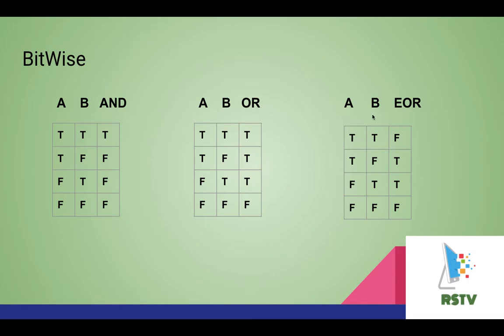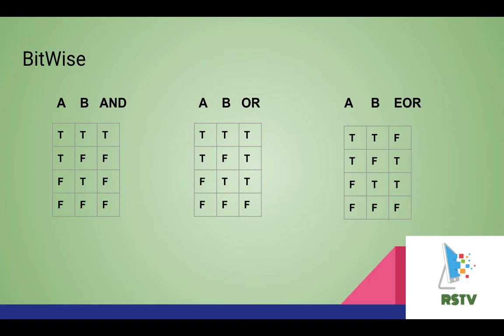See here, A is true, B is true, output is false. Next, A is true, B is false, output is true, because A and B are different. Next, A false, B true, output is true only. Finally, both conditions false, output should be false only.